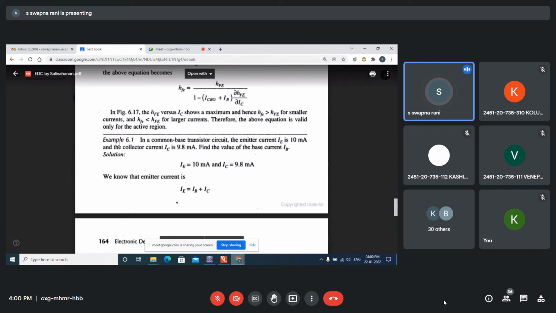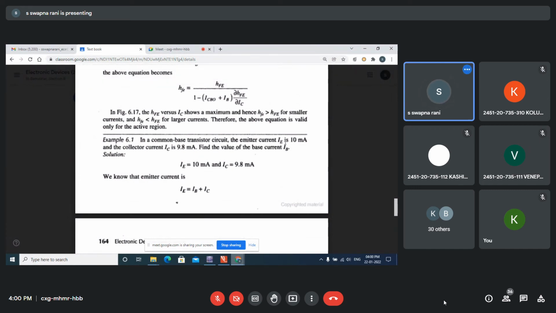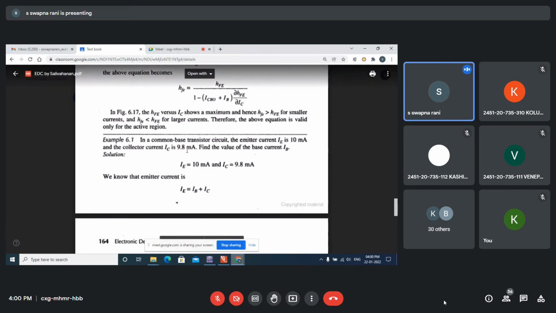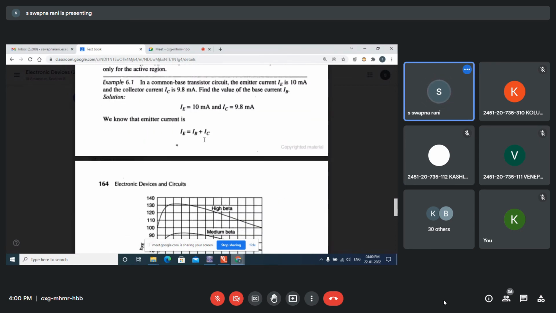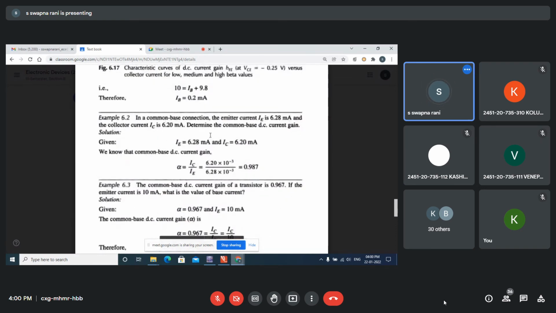From the third unit, we may get problems like this. Emitter current will be given, collector current will be given, and from these we find the base current using the equation IE equals IB plus IC.